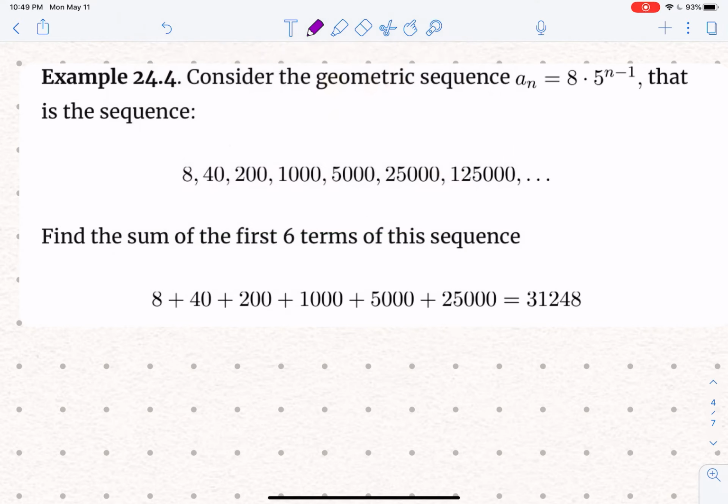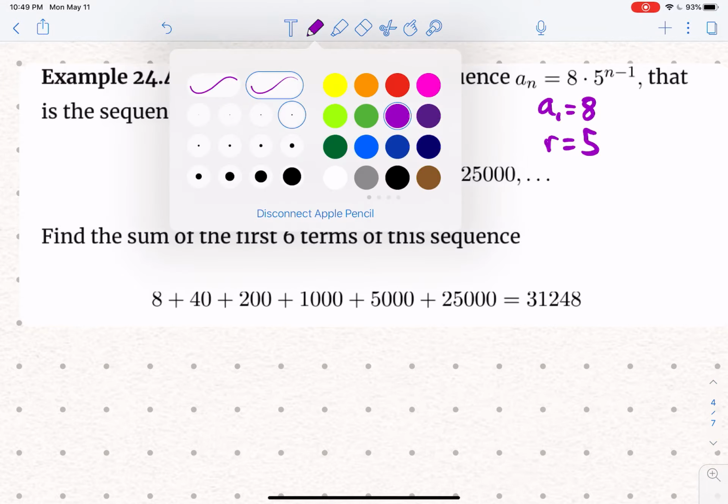First, a note: for this geometric series, the first term a1 is 8, and the common ratio r is 5, both taken from the formula here. There's your a1, and there's your r to the power n minus 1. So how are we going to do this?